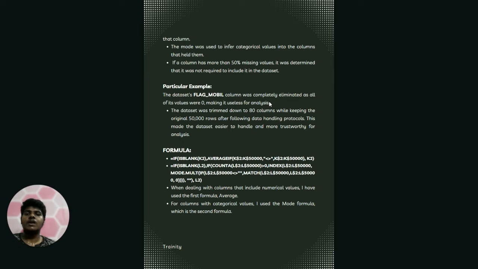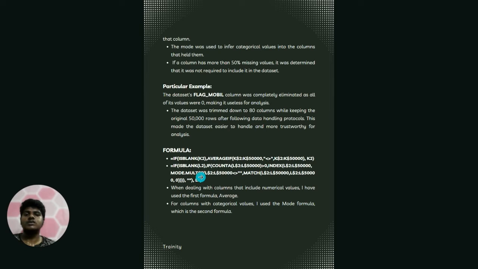For example, the flag mobile column was removed entirely as all of its values are 0, rendering it unusable for analysis. Following data treatment guidelines, the dataset was reduced to 80 columns while retaining the original 50,000 rows. The dataset became more reliable for analysis and easier to work with as a result.